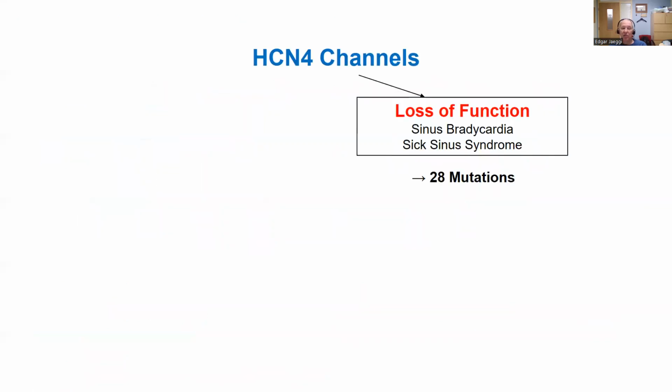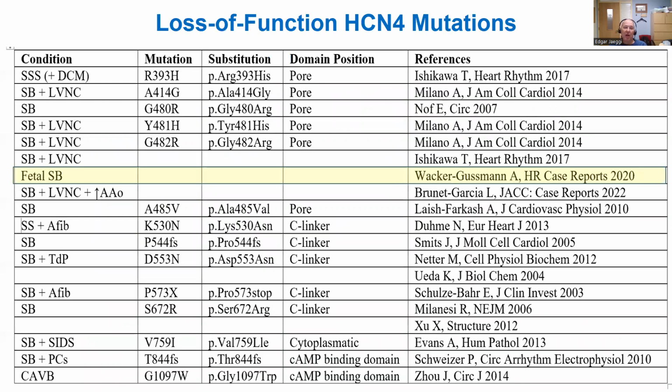Now, what about HCN4 channels that result in loss of function, sinus bradycardia, and sick sinus syndrome being a recognized potential diagnosis? There are currently 28 mutations reported, and I list some of them. As you can see, these mutations affect the pore function, the C-linker function, as well as the cyclic AMP binding domain.